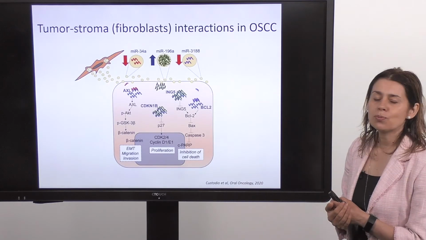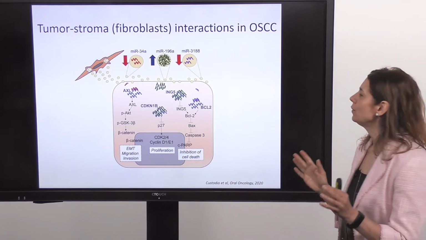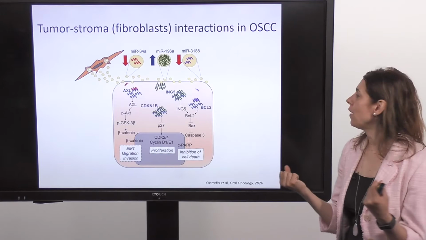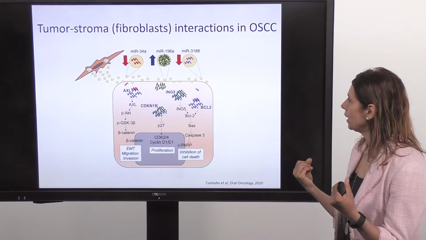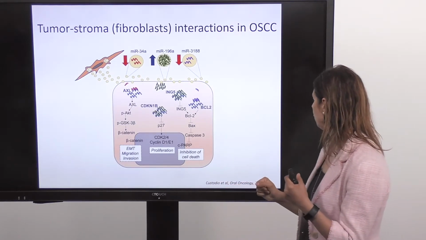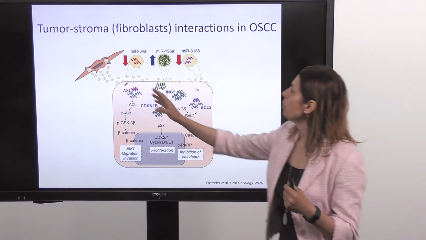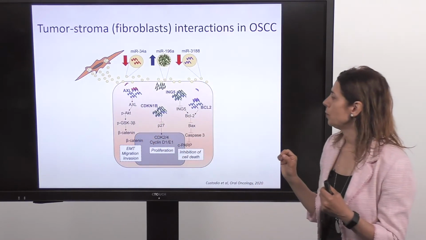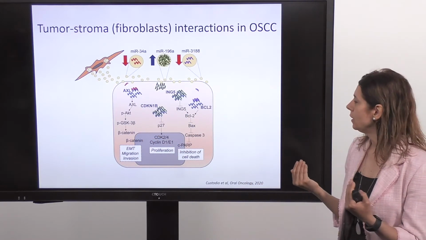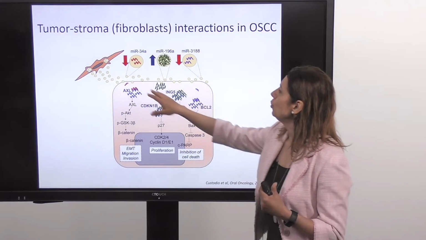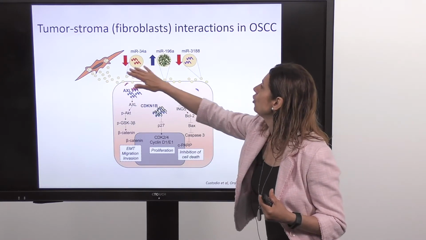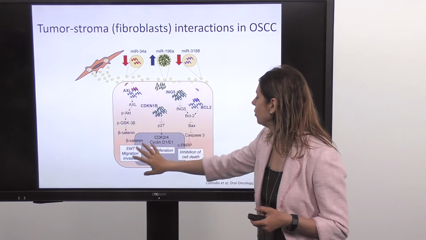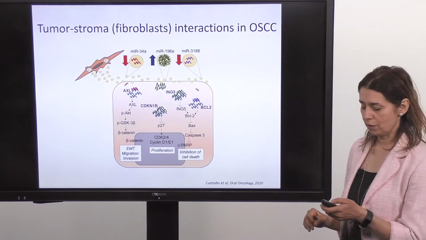But before that, I just want to mention that most of the studies have focused on the interactions using soluble factors and proteins and growth factors, but there are now more and more studies, very nicely reviewed in this review in Oral Oncology, in which the fibroblasts seem to alter the gene expression and the invasion and motility of cancer cells through synthesis of extracellular vesicles that contain a range of microRNAs that can alter migration, invasion, proliferation and survival of cancer cells.